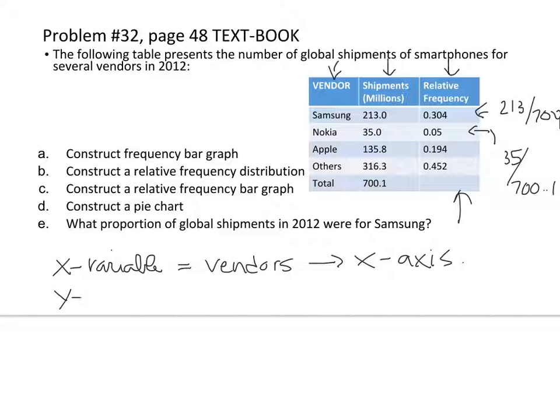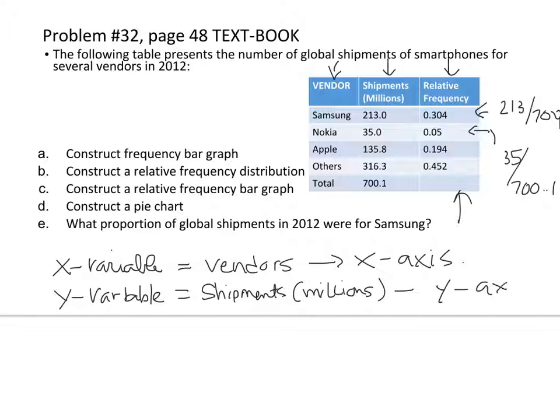The y variable is equal to shipments in millions. So we want to look at our scales for both the y-axis and the x-axis. Well, the x-axis is simple. It's going to be Samsung, Nokia, just these values here, not the total, but these values.